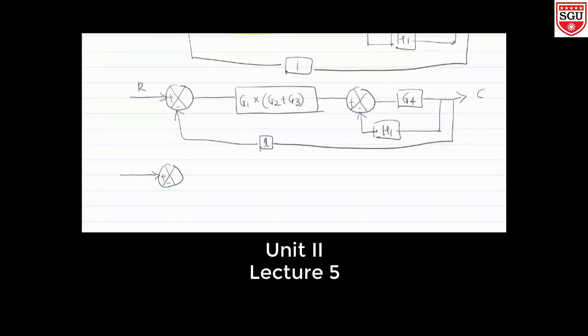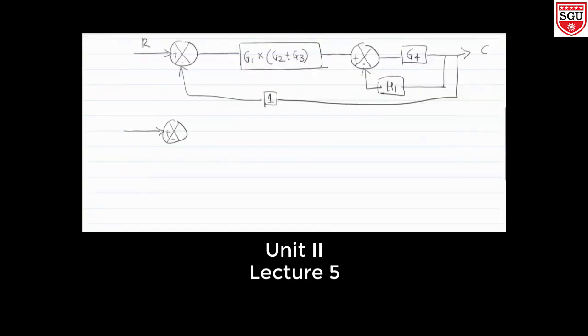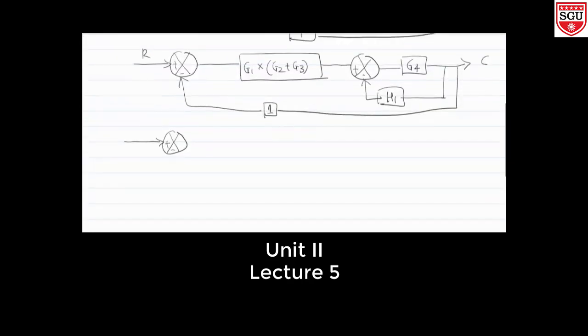What about that G4 H1? Which condition is there? Feedback loop. I am asking about this. This is a feedback loop. So let us keep this as it is, that is G1, G2 plus G3 as it is.